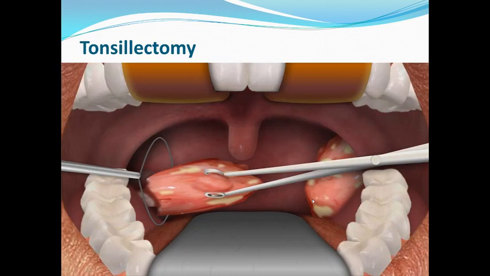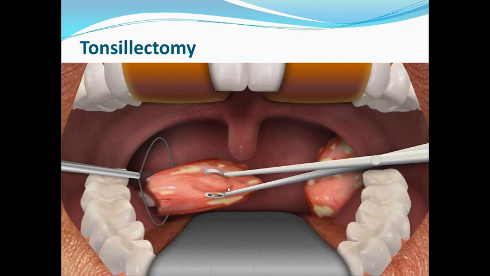Now, what is tonsillectomy? The enlarged or infected tonsils, as you can see in this figure, may cause difficulty in swallowing of food or liquid. Difficulty in swallowing is termed as dysphagia, and there may be a very high grade of dysphagia.